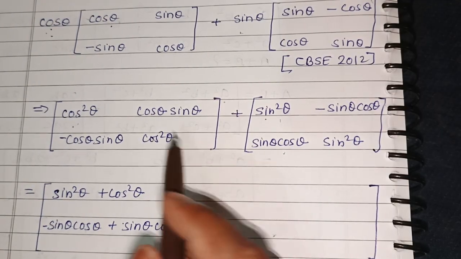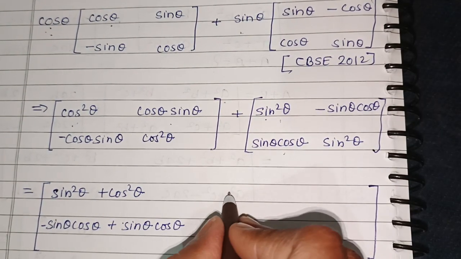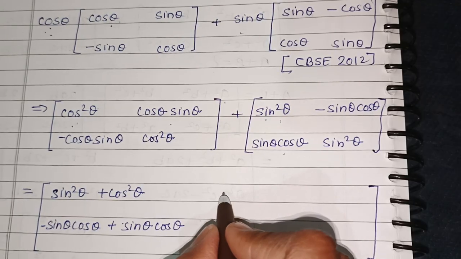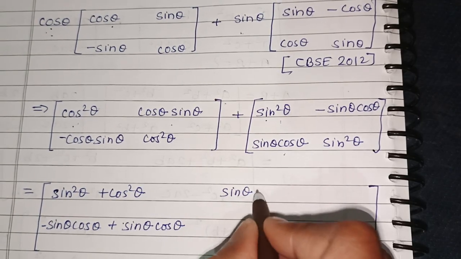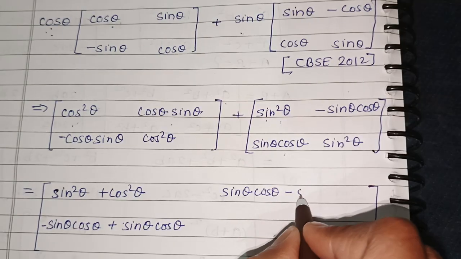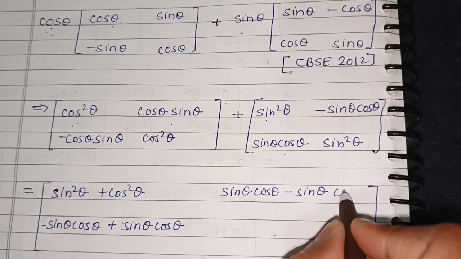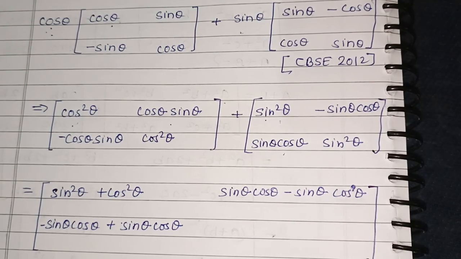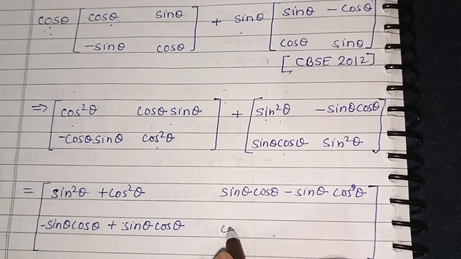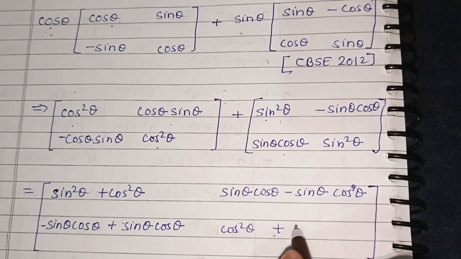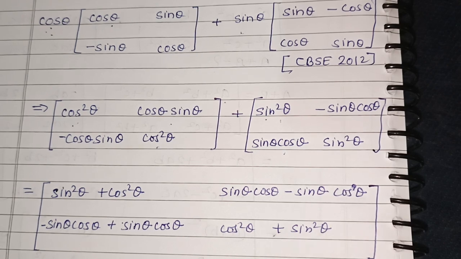Okay, and this add to this, so sin theta cos theta minus sin theta cos theta, and this is cos square theta plus sin square theta.